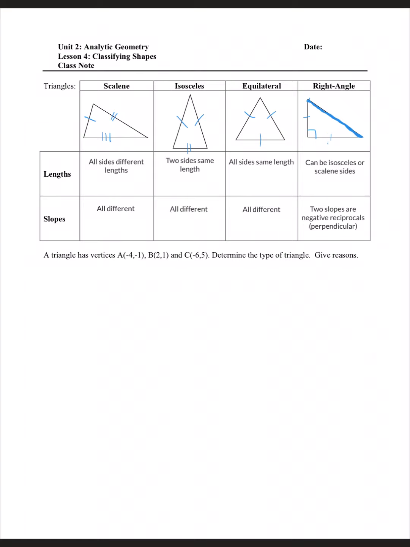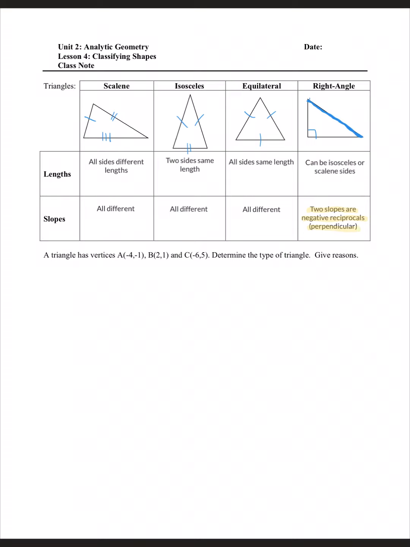What we do know about the slopes of a right angle triangle is that 2 slopes are negative reciprocals. They're perpendicular to each other.